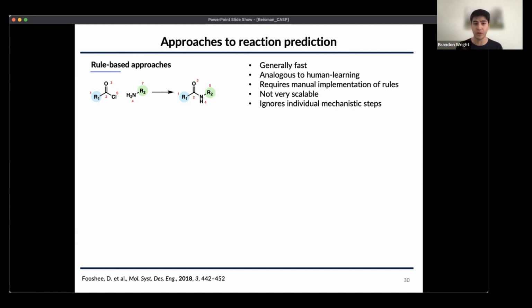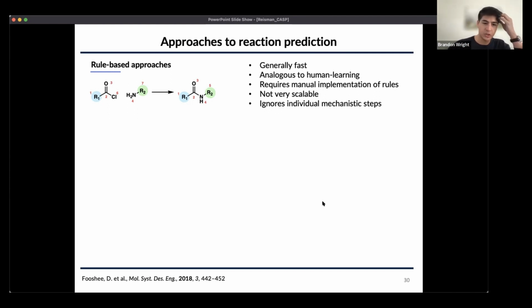Sometimes we know, if we're trying to evaluate whether some key step is going to work, we can dial into a potential mechanism and say, okay, maybe this step of the mechanism might be problematic because it's sterically hindered, or because this bond might be cleaved. But these rule-based approaches are going to be at a high level. They might ignore those subtleties.